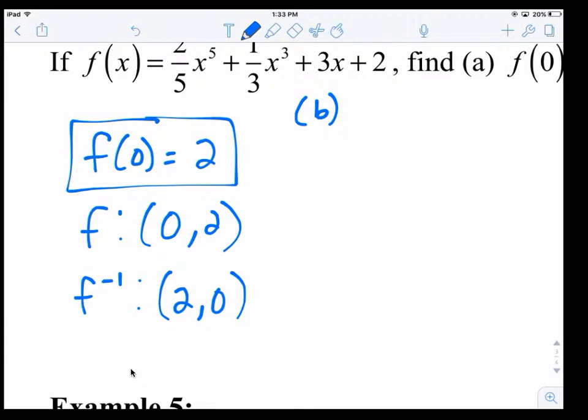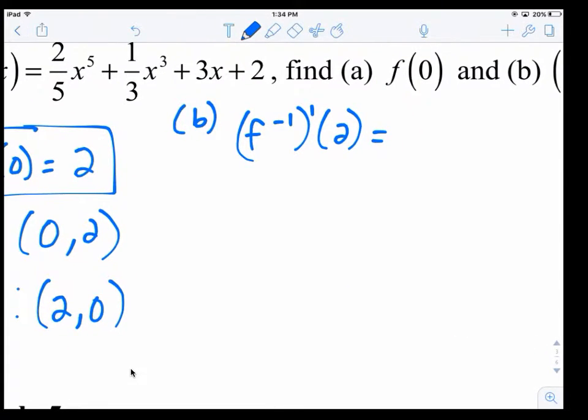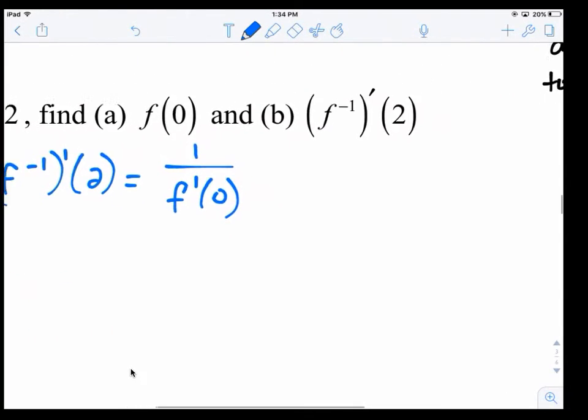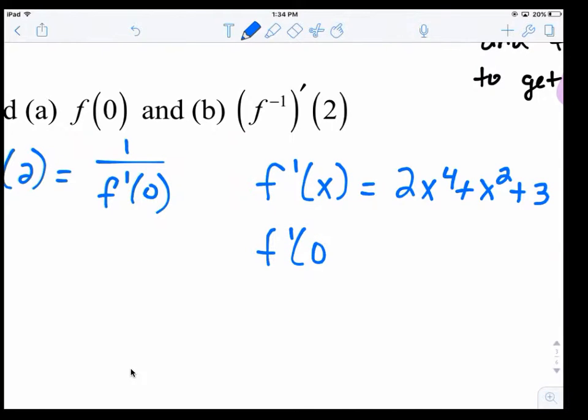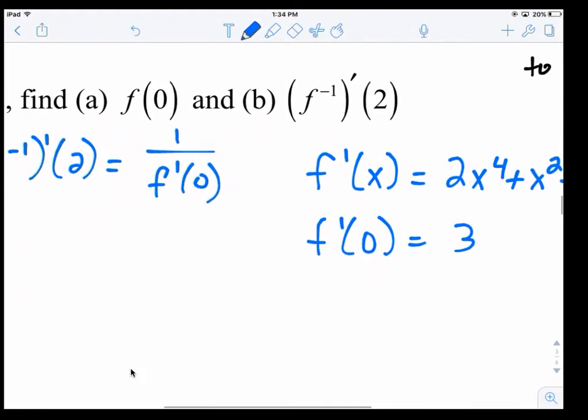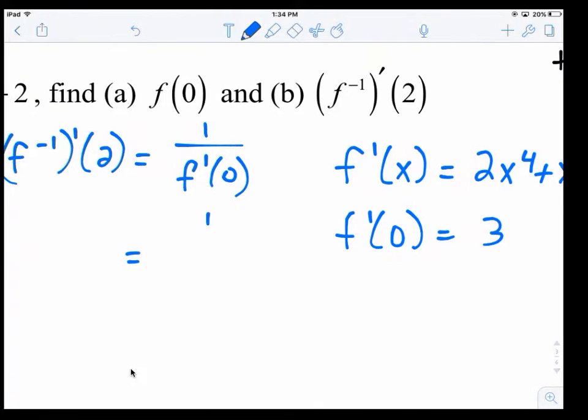Now it says to find the derivative of the inverse at 2. What is that going to be the same as? You just need f prime of 0. So f prime is what? Okay, and then f prime of 0 is 3.